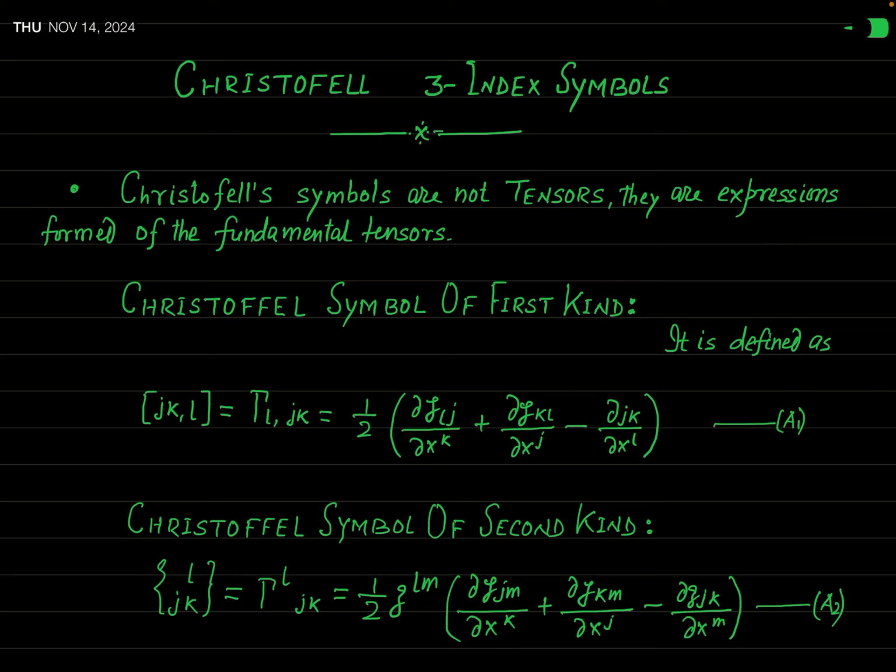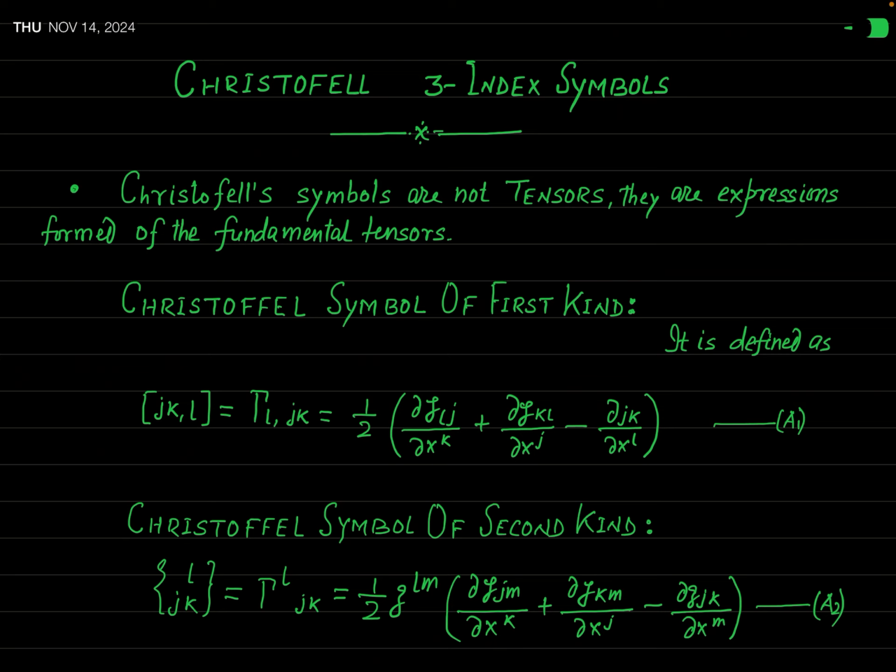So first of all, we will provide videos on these tensors, and after the completion of the concept of these tensors, we will start to study the Einstein equation, or you can say the Einstein's field equations in general relativity, and discuss the complete theory of general relativity.